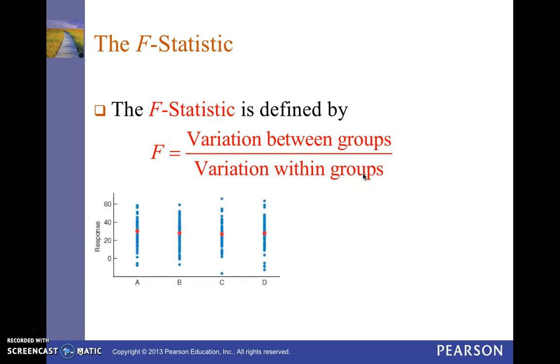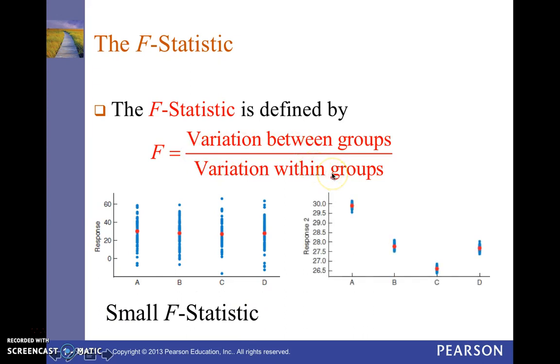So if we think back at our notions here, notice there's very little variation between the groups, so this number would be small, and yet a tremendous amount of variation within the groups. That would result in a small F statistic. But if you think about our other scenario, where we have very little variation within the groups, so this number would be small, but tremendous variation between the groups, that number would be big, and that would result in a fairly large F statistic.